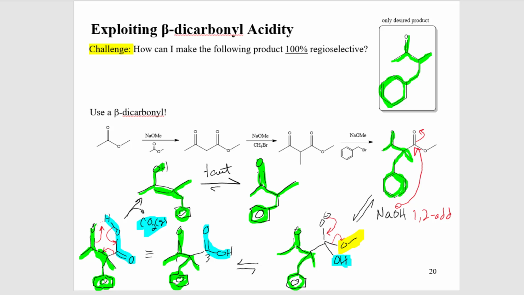So we got to do 2 alpha alkylations without worry about competition, and then just simply get rid of the ester through changing it to a carboxylic acid through decarboxylation.